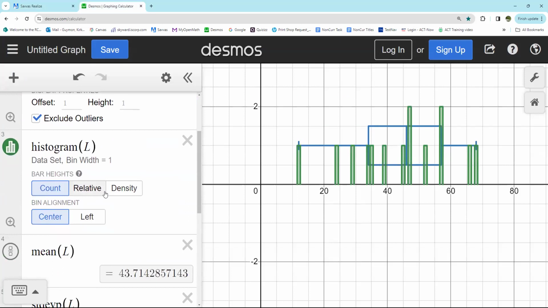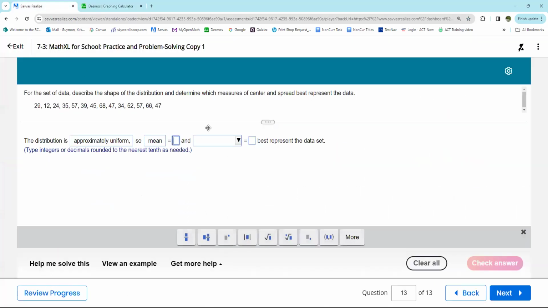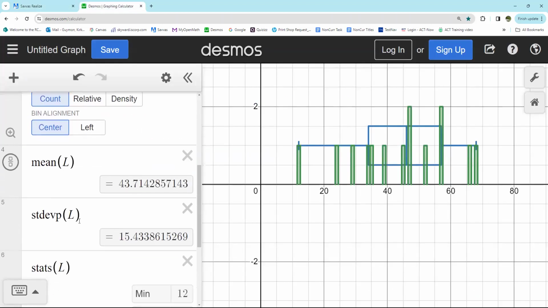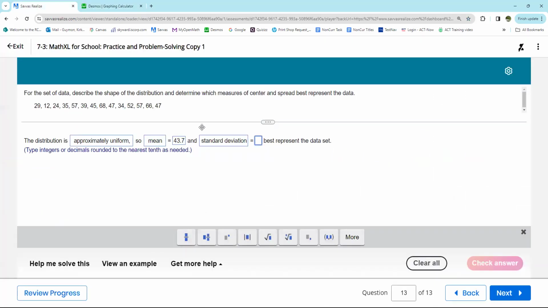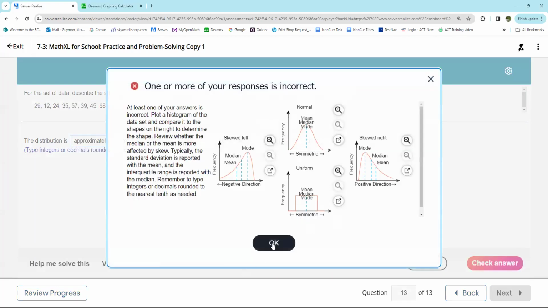And our mean of this data, 43.7. And then if it's the mean, we're going to go ahead and use the standard deviation. And this was our whole data set, so we used the population standard deviation of 15.4. And so the 15.4, and check it, it didn't like that.